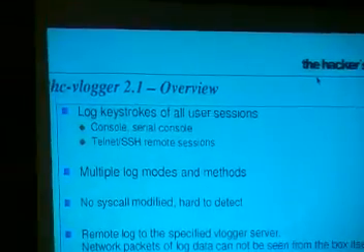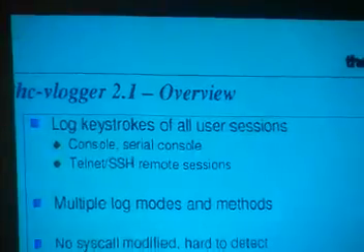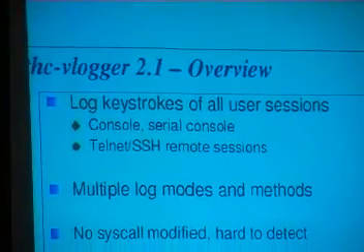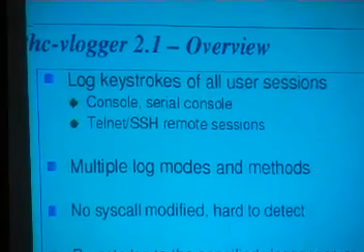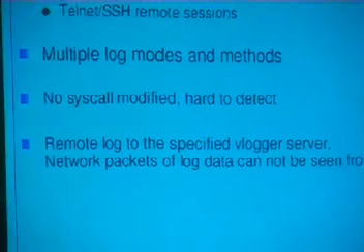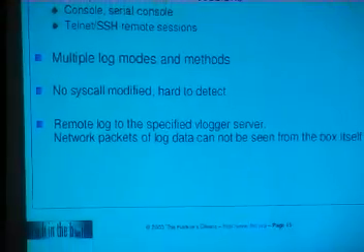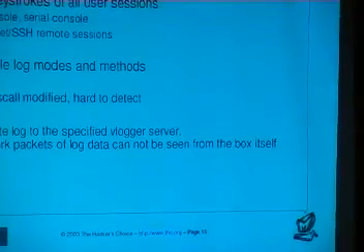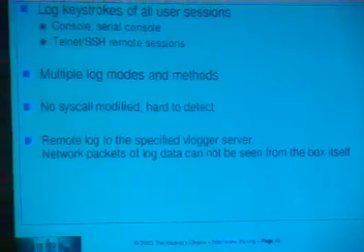And the new feature of VLogger is remote logging. That means it can send the keystrokes to a centralized VLogger server, and with VLogger's network code, the network packets of the data cannot be seen from the box. That means firewalls, packet filters or sniffers, just like tcpdump, cannot see the packets.